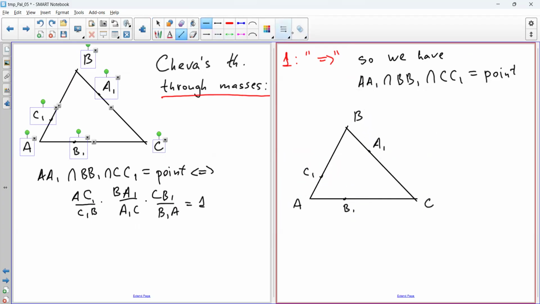So we have that this, and we then call this point, I don't know, X, for example.